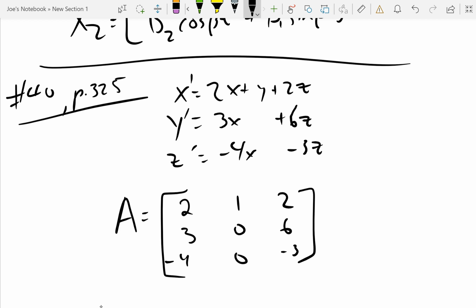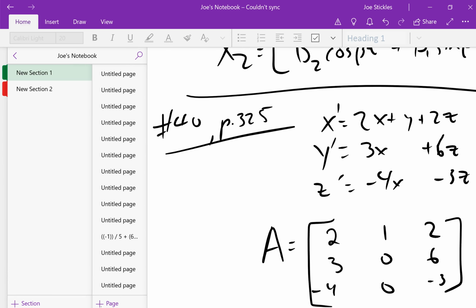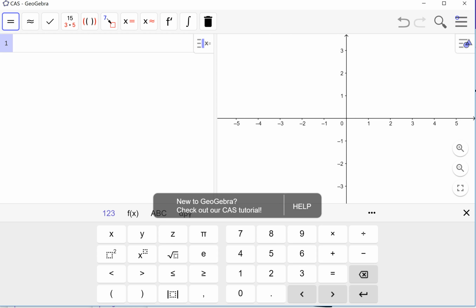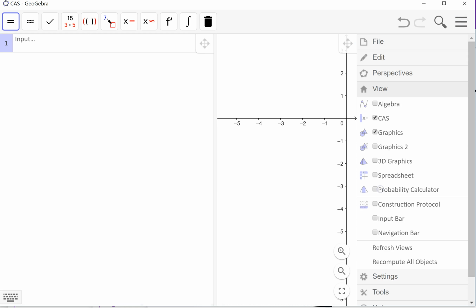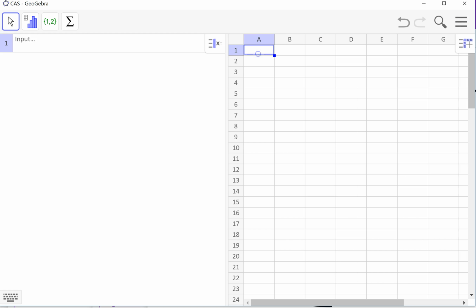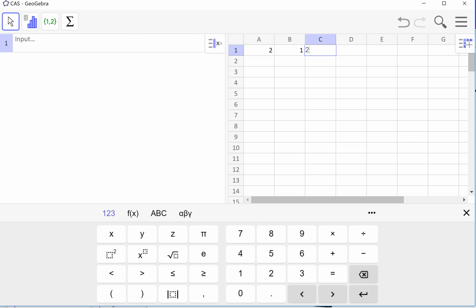Now we can use Geogebra to help us get all of the stuff that we want. So let's flip over to Geogebra. Let's turn on the CAS menu, and let's turn off the graphics and put on the spreadsheet. Type in our matrix, 2, 1, 2, 3, 0, 6, and negative 4, 0, negative 3.